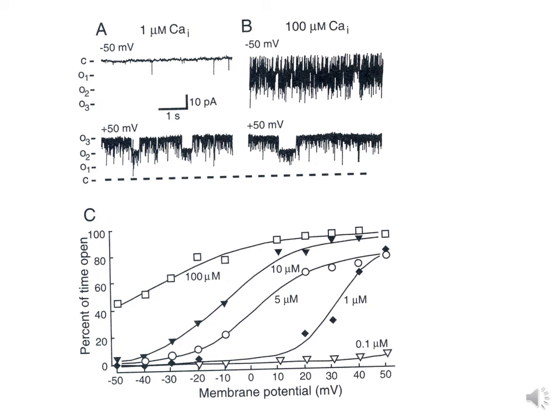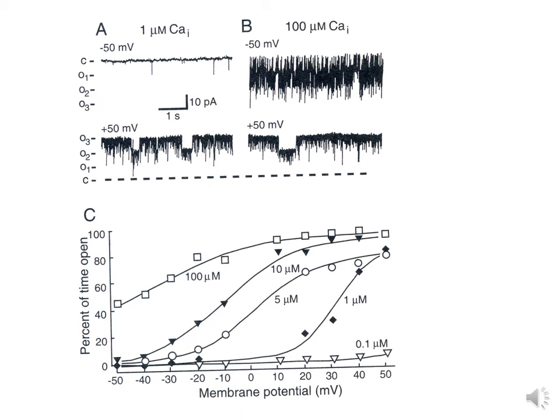In C, you can see the dose response relationship between open probability on the y-axis and the membrane potential on the x-axis for these channels. Each one of the curves represents a fixed amount of calcium in the intracellular environment.